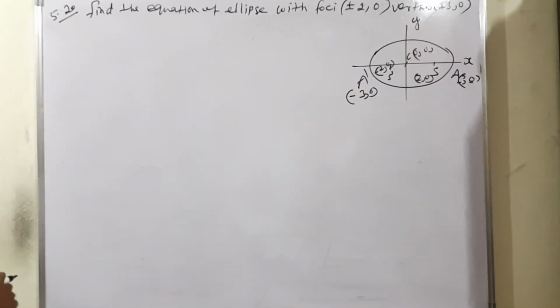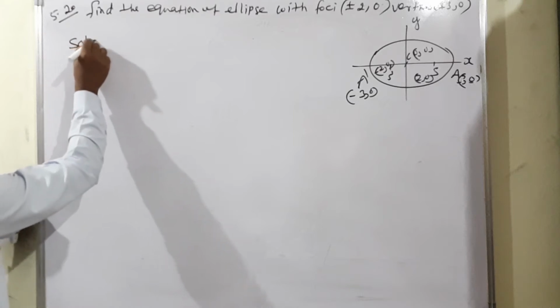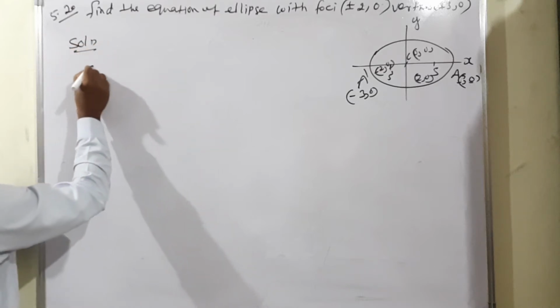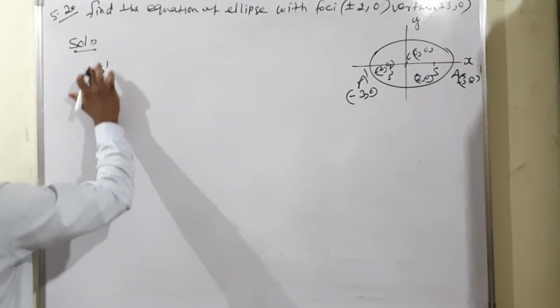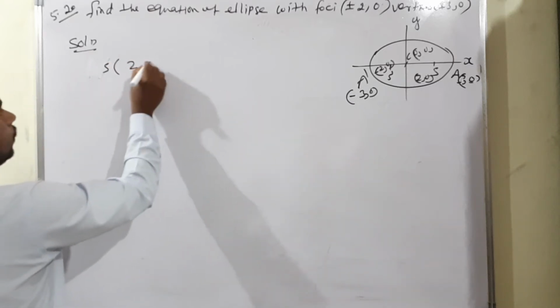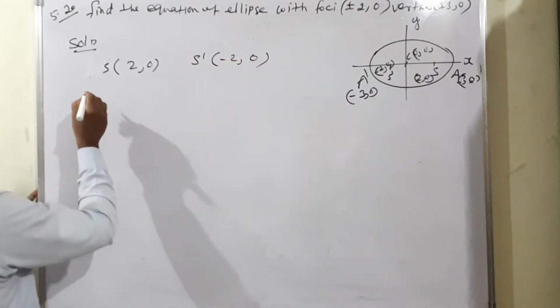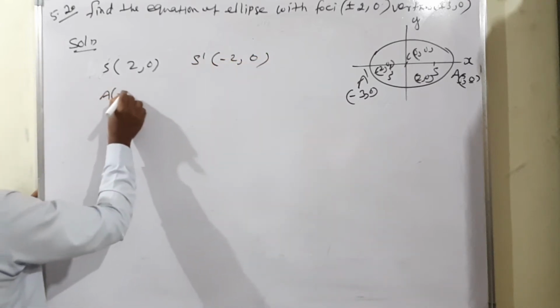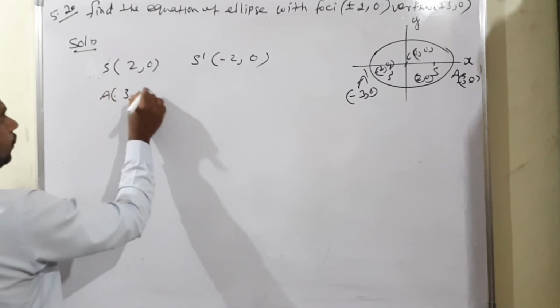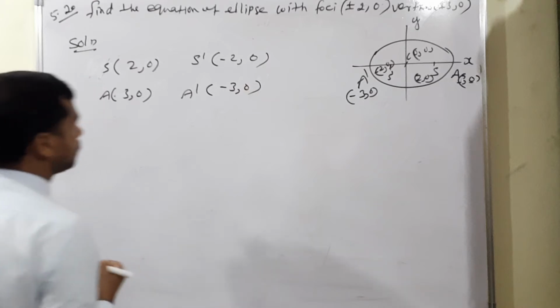So now moving on to find the equation of the ellipse, isn't it? The given condition, solution. First S, first we have tried it. S means the foci value 2 comma 0 and S dash means minus 2 comma 0, as well as A means positive 3 comma 0 and A dash means minus 3 comma 0.